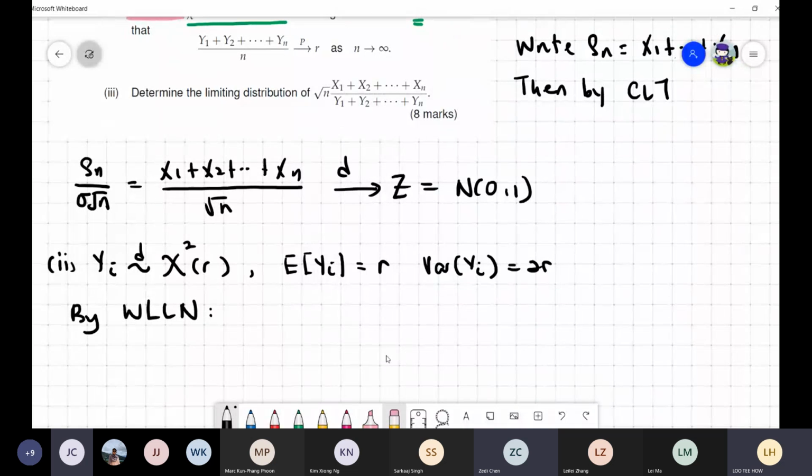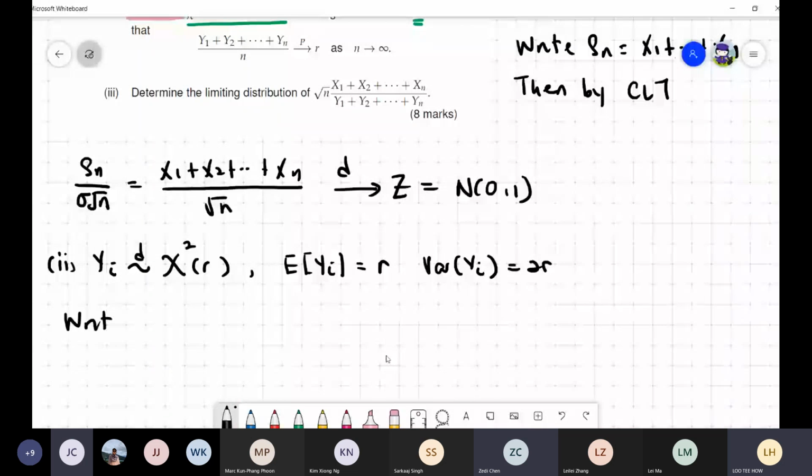One reason, since we have used Sn over here, maybe we use another symbol for the summation. So we can just write Tn to be the summation of Yi.